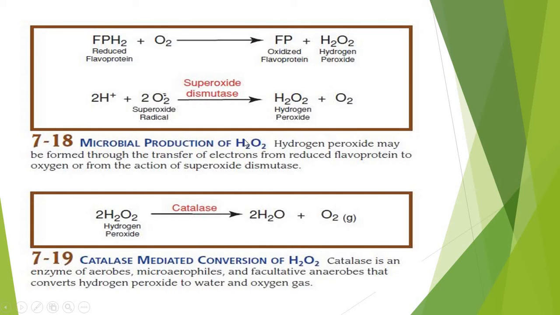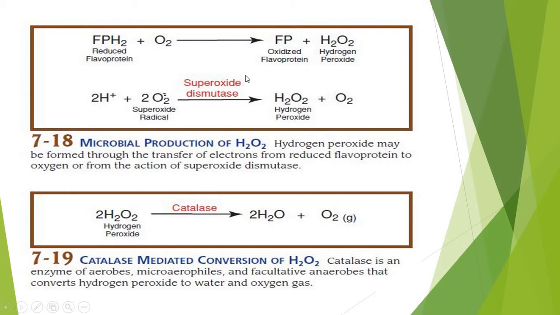Microbial production of hydrogen peroxide. Hydrogen peroxide may be formed through the transfer of electrons from reduced flavoprotein to oxygen or from the action of superoxide dismutase. As you can see, the flavoprotein in the reduced form, here formation of hydrogen peroxide takes place, and the other reaction is of superoxide radicals.